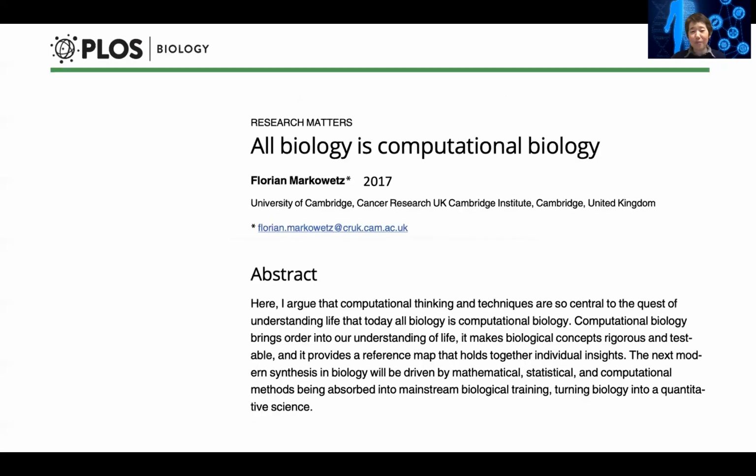Because of this, in 2017, another colleague of mine, Florian Markowetz from the University of Cambridge, published another paper called "All Biology is Computational Biology." As we mentioned, so many powerful techniques now generate high throughput data. It's not uncommon for an experimental biologist to spend a few months to learn a new technique, to do the experiment well, to generate robust results.